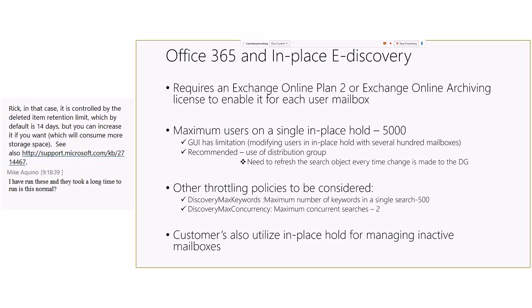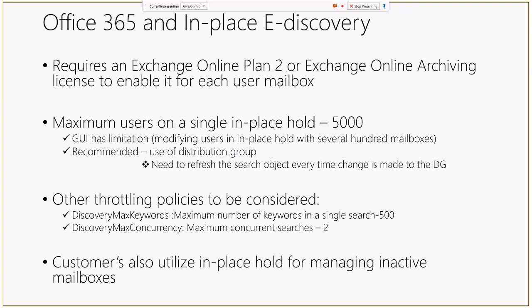So all you have to do is go to the distribution group and remove that user, and make sure you refresh that search object after you change that DG. So the in-place hold is removed from the user or added to a user once you add them to the distribution group.